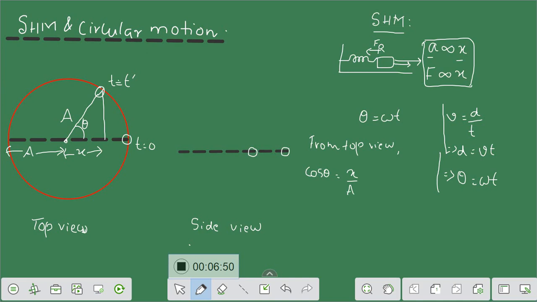But what is theta? Theta is omega t. So we can replace this, and therefore we can say that the equation for this motion is x is equal to a cos omega t.